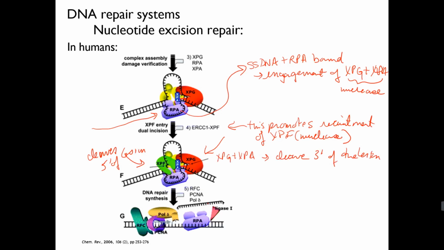Now what we're essentially left with is a primer template. So we'll get that removed. And now we've got a 3' hydroxyl. We then have some more double-stranded DNA downstream. We have our template. So this is a perfect substrate for the DNA polymerization reaction.